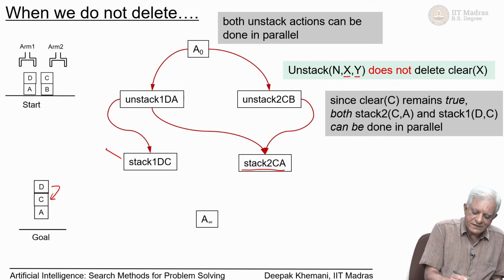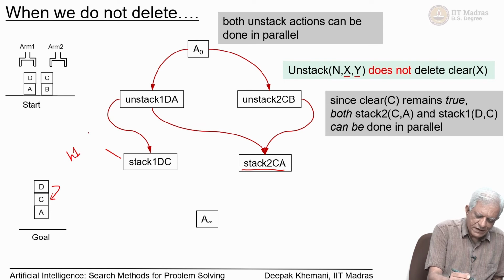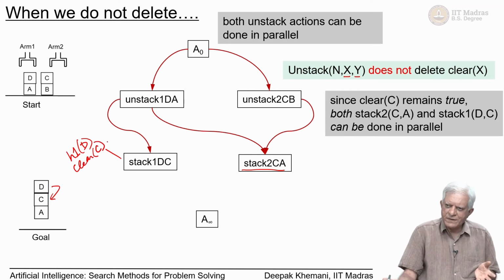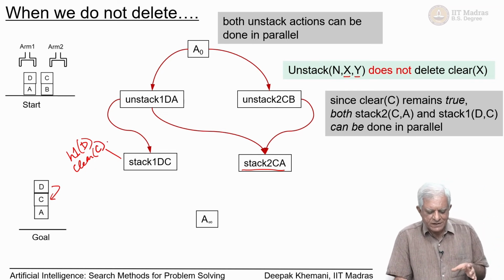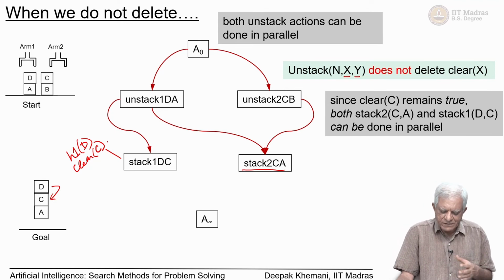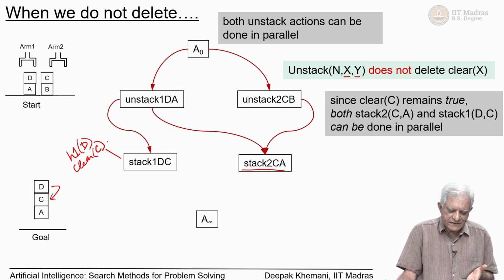The preconditions are that arm 1 is holding D and C is clear. These are the only two preconditions you need for stack 1, which means for arm 1 to stack D onto C. It must be holding D and C must be clear essentially.